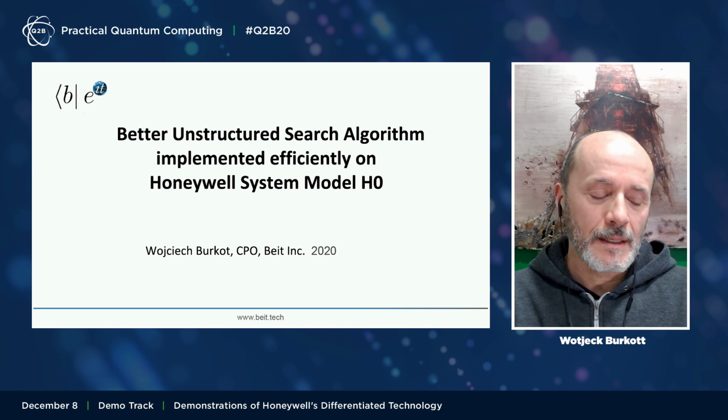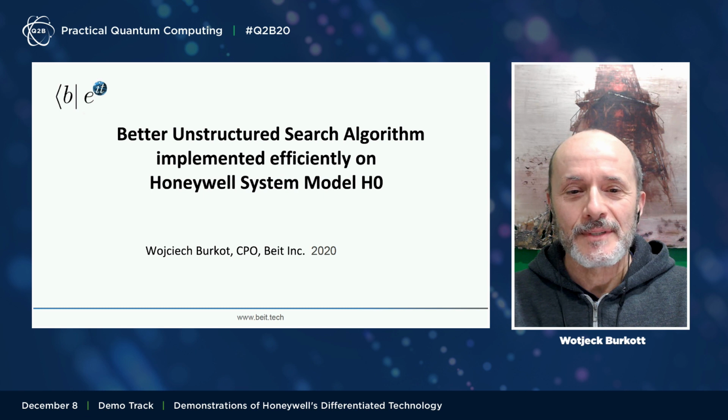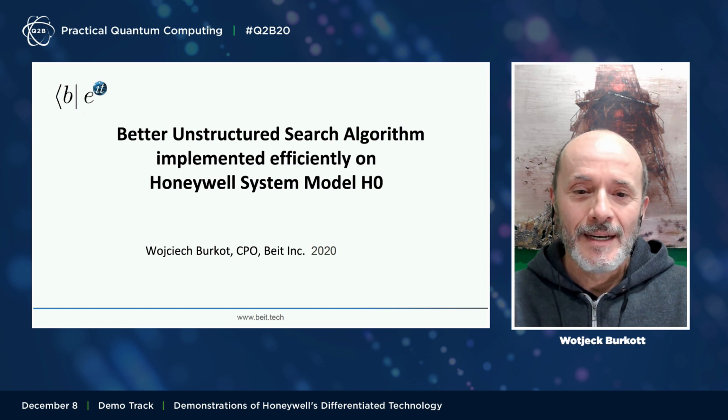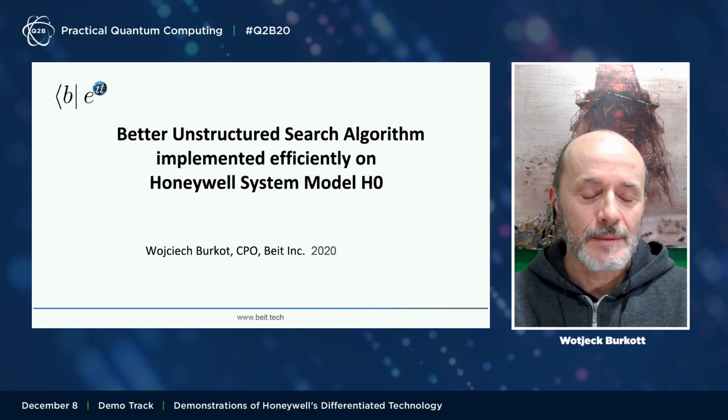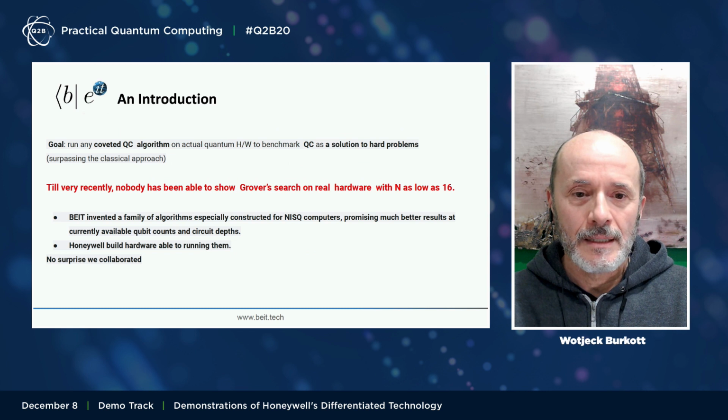All right, so we were obsessed with the unstructured search algorithm as it seemed to be the easiest one showing, with a larger number of qubits, actual quantum advantage. Quadratic only, but still better than none. So we tried to not only think about how to build that efficiently, but also how to demonstrate that in actual hardware.